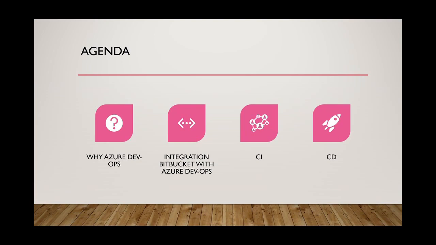We're also going to see how to set up a CI pipeline using a YAML definition on Azure DevOps pipeline, and we're going to see how CD works on Azure DevOps. Just for demo purposes, I'm going to create an app service in Azure, and I'm going to push the Web API to Azure.